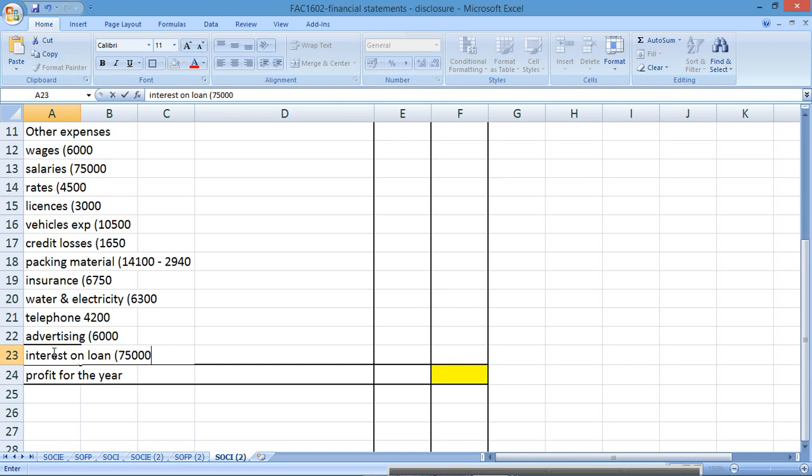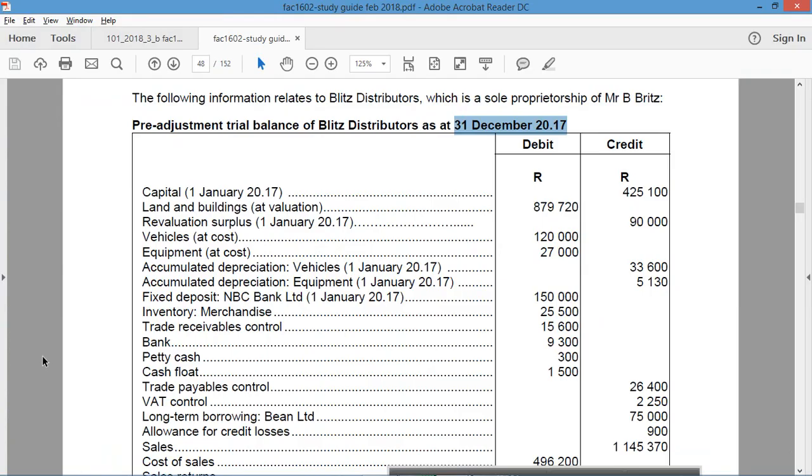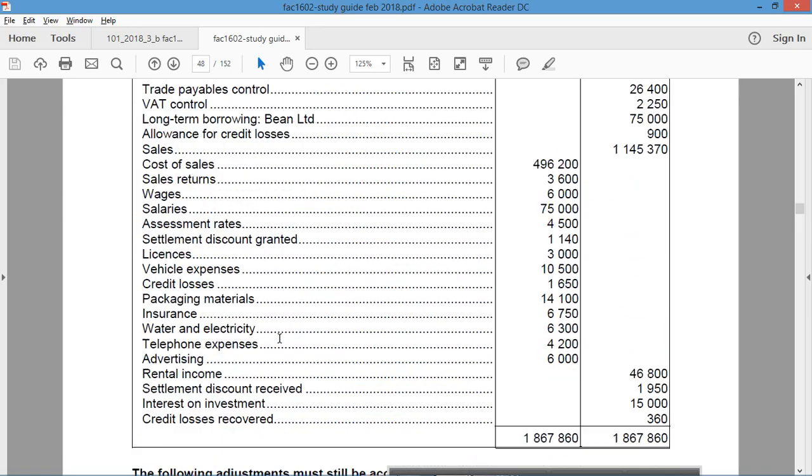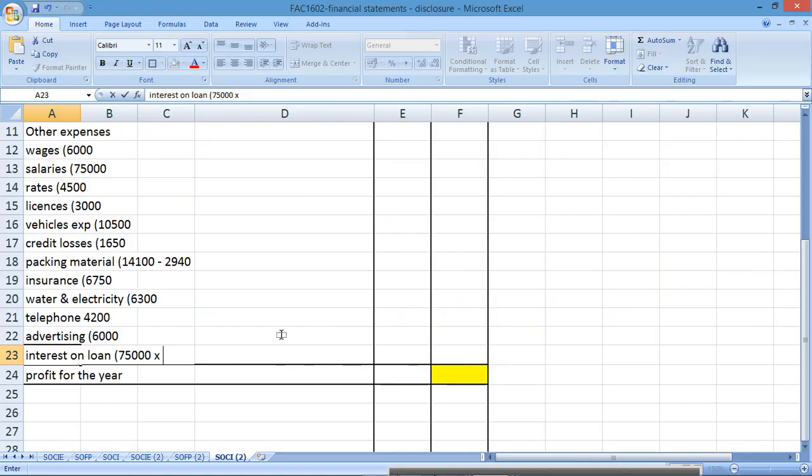So it's 75,000 times 18%, times 3 over 12. That is 3,375. Now what do I do with that?